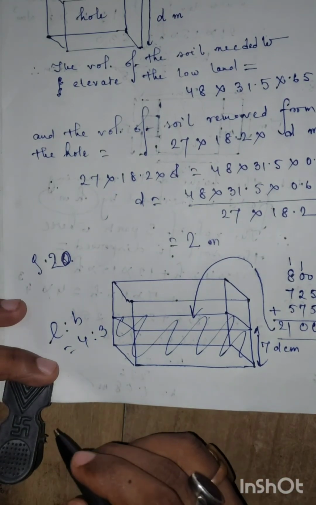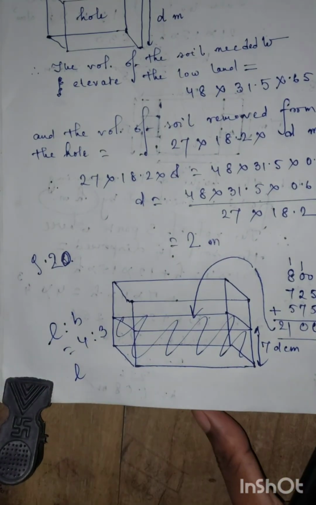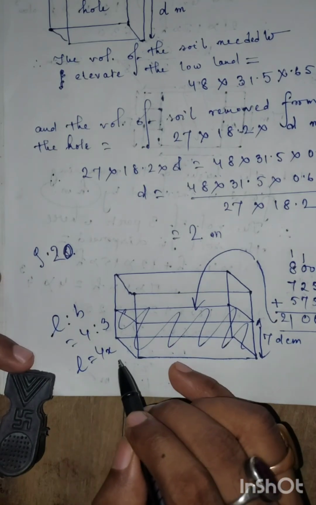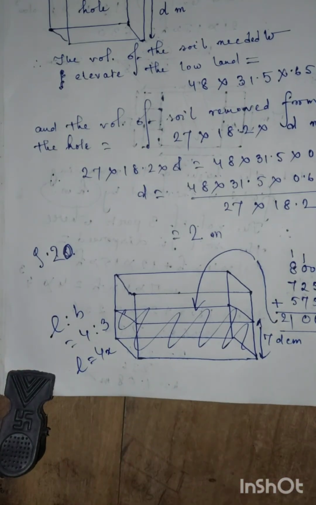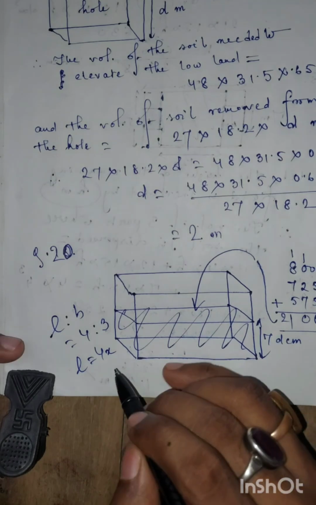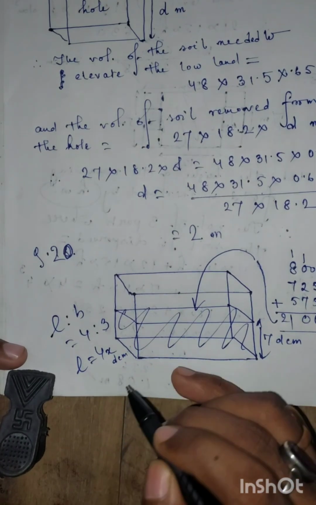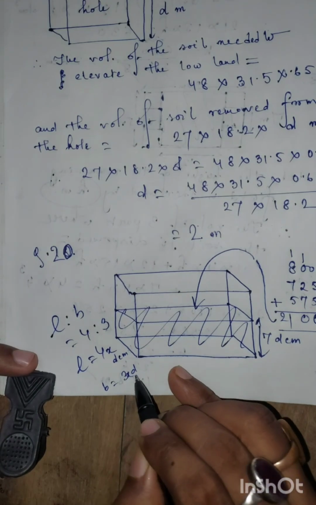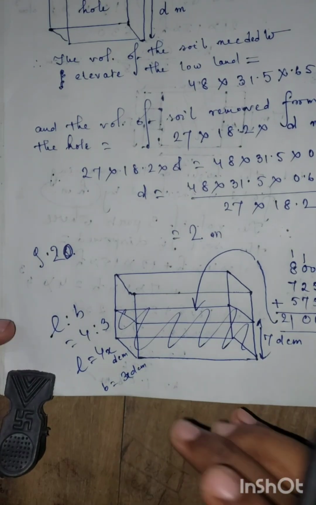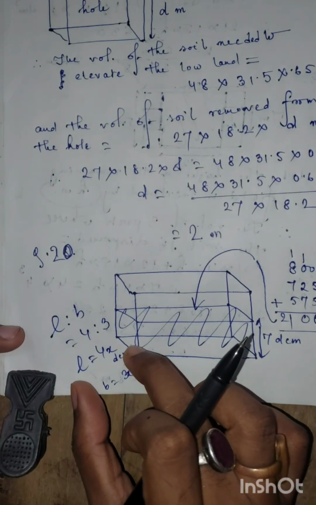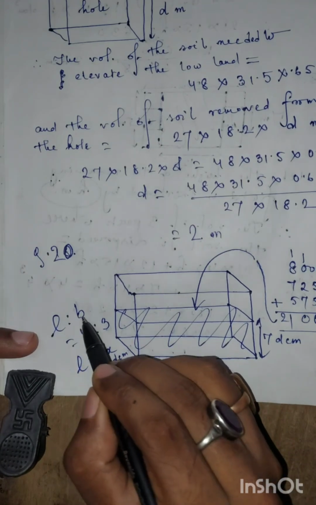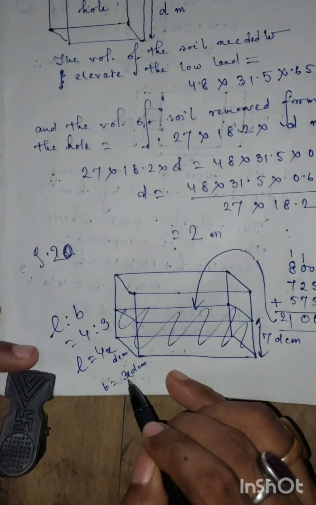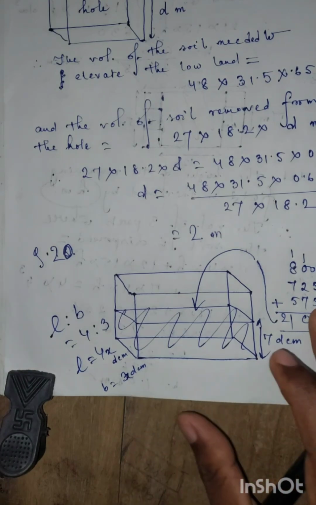So we can assume that the length is 4x decimeter and the breadth is 3x decimeter.